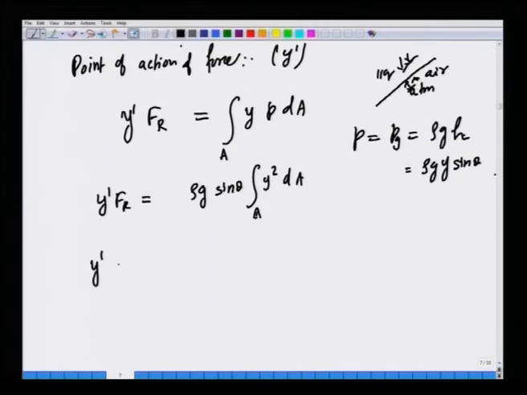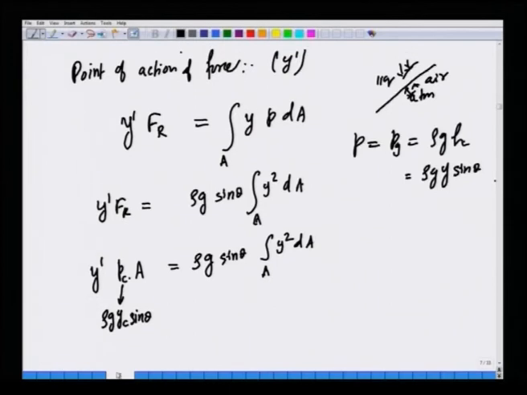But F r is nothing but P c, the pressure at the centroid, times A. So, this is rho g sin theta times integral y squared. F r is nothing but P c times A, which is rho g y c sin theta times A. P c is nothing but rho g y c sin theta if the other side is surrounded by air.